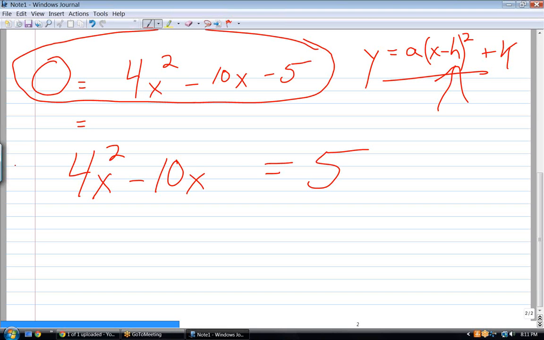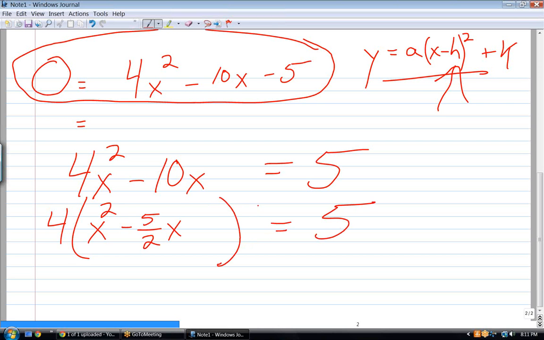Okay, so first thing I have to do is what? So everything I'm doing is going to be exactly the same except the part about balancing out the equations. So what do I have to add here again? It was 25/16.